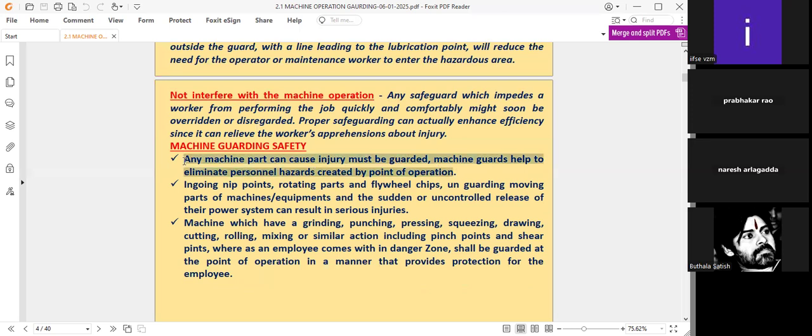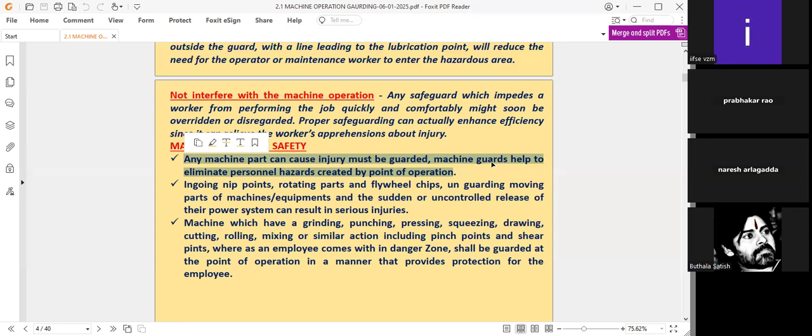So once the guard is not there, what happens? We are talking about when the guard is there. Any machine part that can cause injury must be guarded. Wherever there is machine movement or any rotating machine, it must be guarded, otherwise injury can be caused.